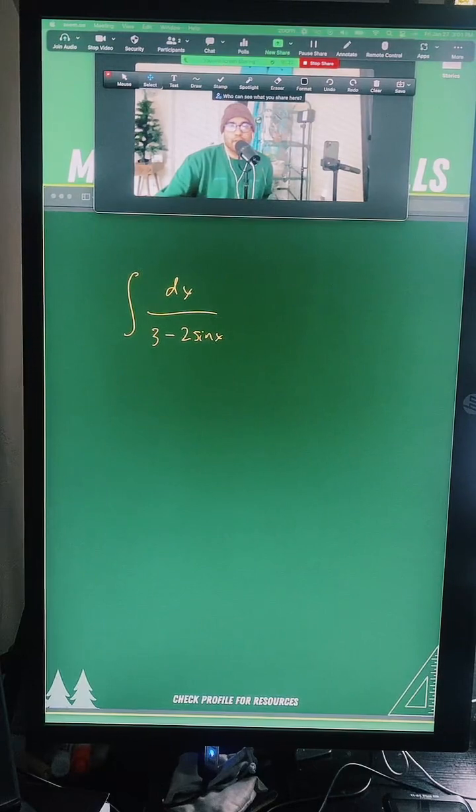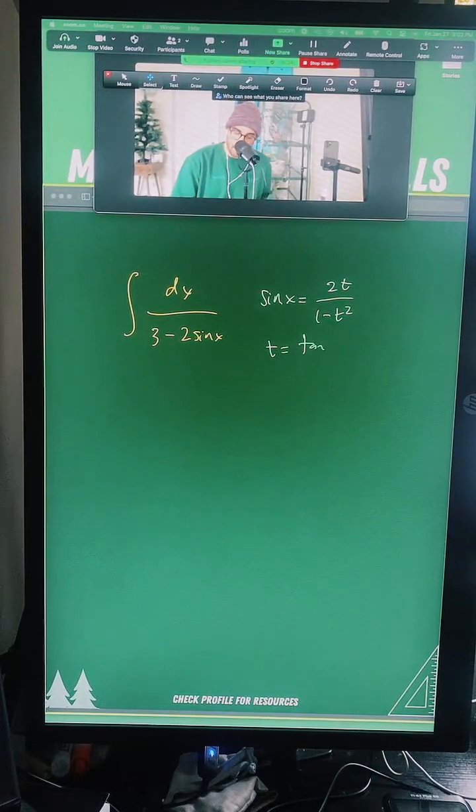Remember, if we're going to do this Weierstrass substitution, keep in mind sine of x is going to equal 2t over 1 plus t squared, where t is equal to tangent of x over 2. I guess I can also write x is equal to 2 tan inverse of t, I'm sorry. And then our dx, which is always going to be 2 dt over 1 plus t squared.